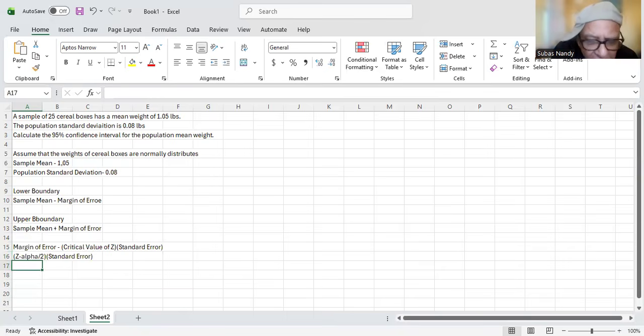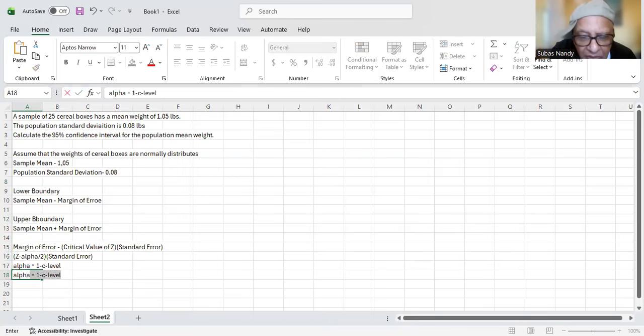Z alpha by 2 is also known as the critical value of Z that I have told you about. What is alpha? Alpha is 1 minus the C level, the confidence level. In our case, alpha is equal to 1 minus 0.95, which is equal to 0.05.